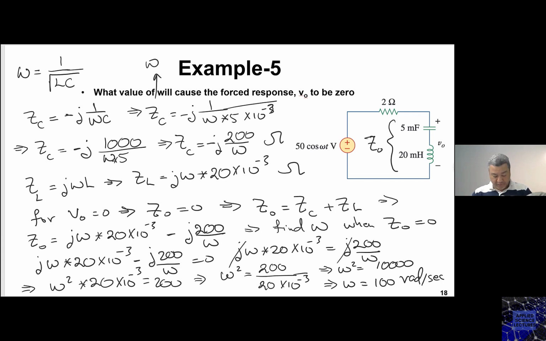If you go back to 5 milli times 20 milli, take the square root, and then take the inverse, you get 100 radians per second. So this is how to calculate the resonance frequency of this resonator, that is a series resonator.